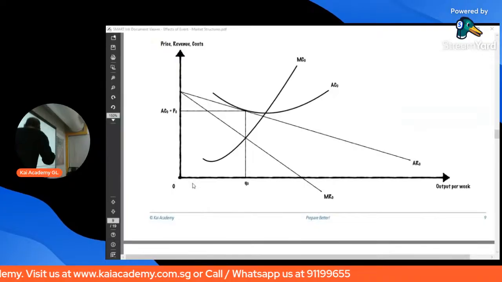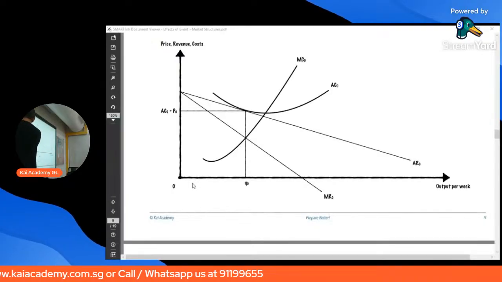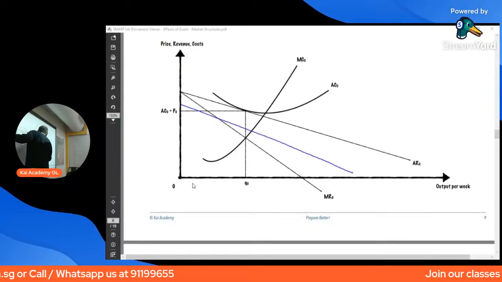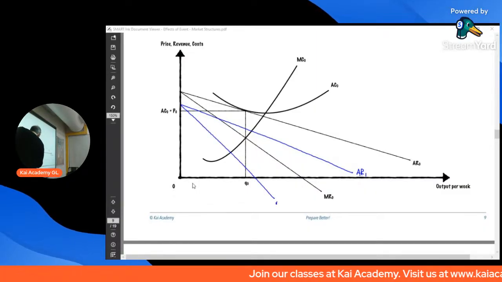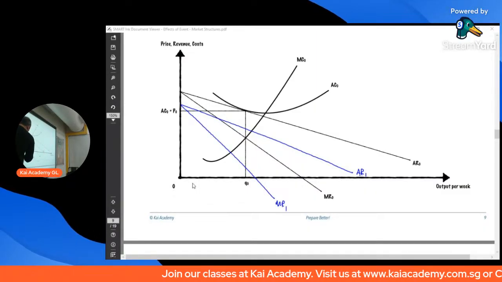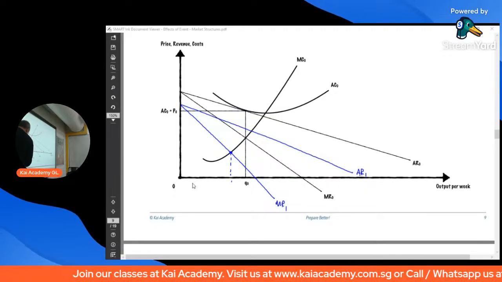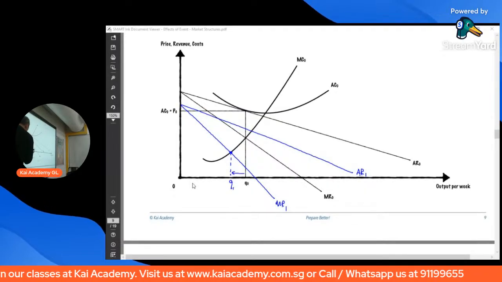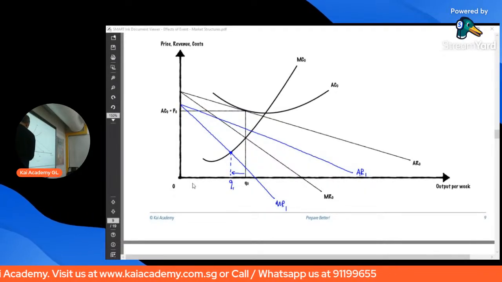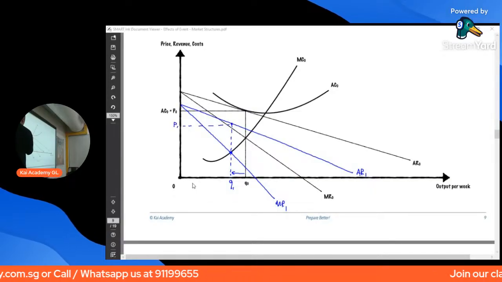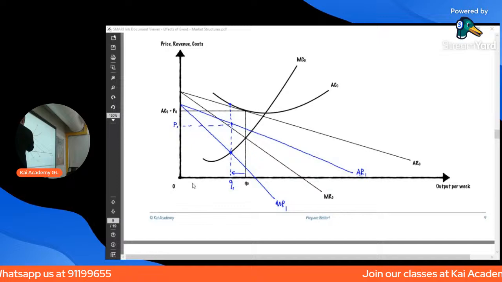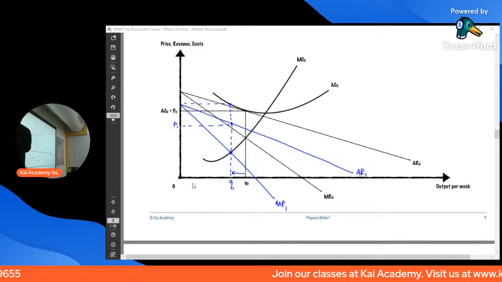So if it's a fall in demand, what's going to happen? AR curve parallel shift in, MR curve parallel shift in, then Q falls from Q0 to Q1, price falls to P1, AR rises to AC1.